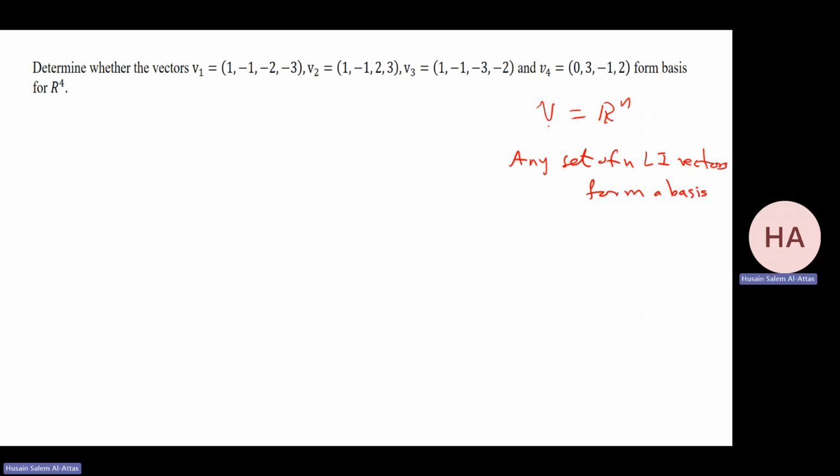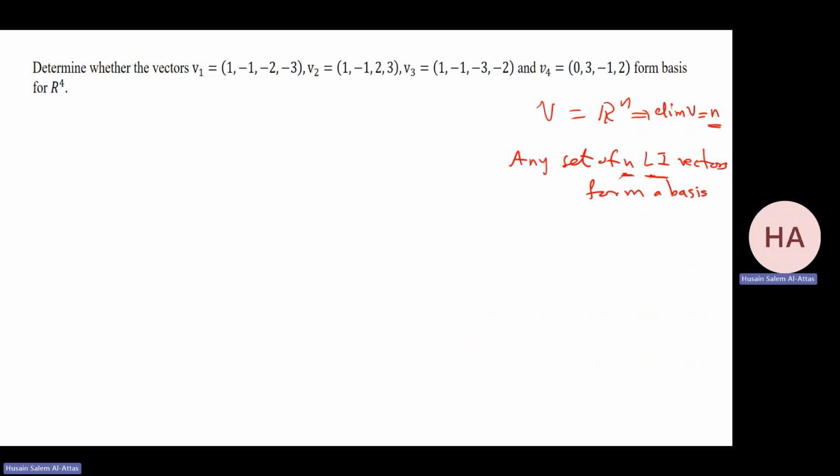So the dimension of V is n. If they have the same number, I don't need to prove both linear independence and span. One of them will be enough. And usually we do linear independence.